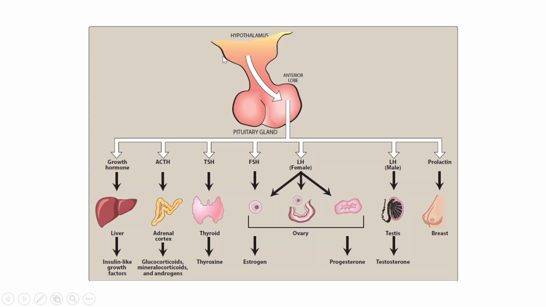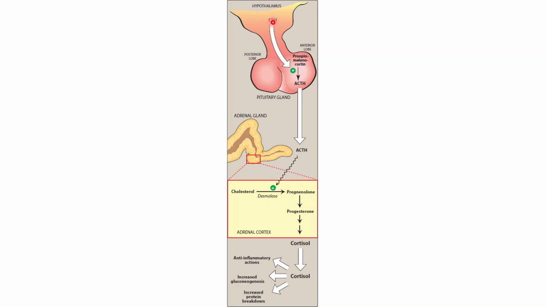For example, for the adrenocorticotropic hormone, the corticotropin releasing hormone will be synthesized in the hypothalamus and will increase the synthesis of the tropic hormone that is called adrenocorticotropic hormone, that is synthesized from the pro-opiomelanocortin, a precursor for the adrenocorticotropic hormone.